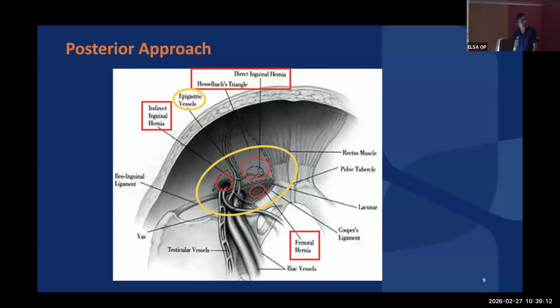So the anatomy, I don't know how many of you are familiar, but this is a view from inside, be it TAPP or TEP. So you have the Hesselbach triangle here. Okay, Kathleen, what's Hesselbach's triangle?